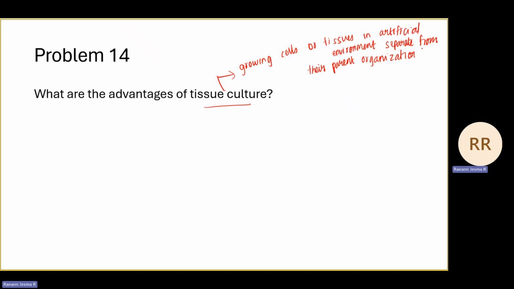That is, we are growing it generally in some culture media. So another name for this tissue culture is micropropagation.